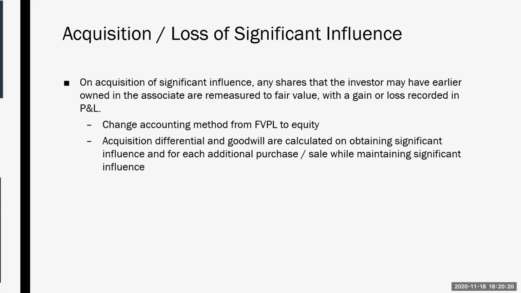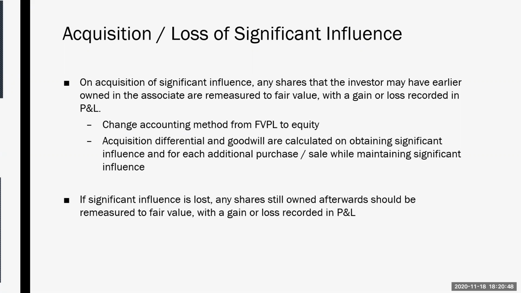And later on, as the investor continues to buy more shares and keeps increasing its ownership, but continues to be in a situation of significant influence, each additional purchase or sale would trigger a separate calculation of acquisition differential and goodwill.